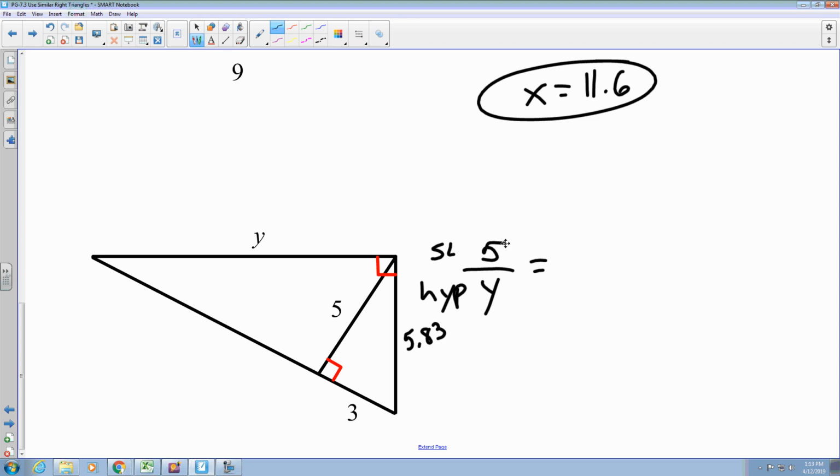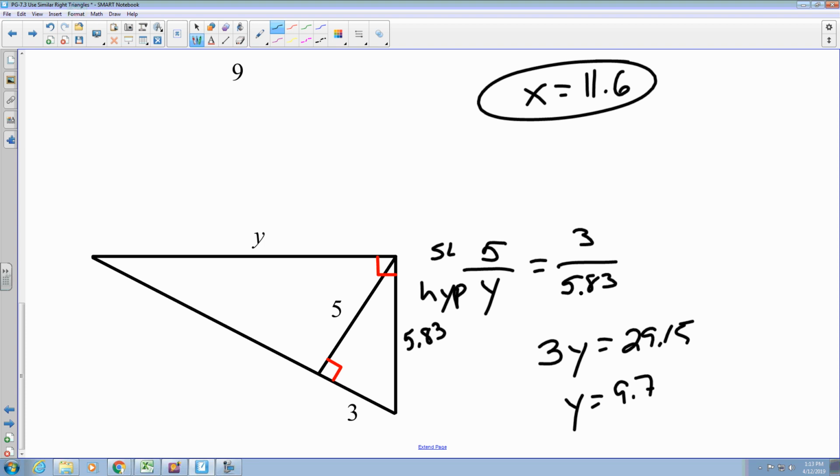So I can figure out that hypotenuse here is going to be 5.83 over the short leg, which is 3. So then I got 3y equals 5 times 5.83, which gives me about 29.15. Divide that by 3, and when we're rounding things to the nearest tenth, it is 9.7.